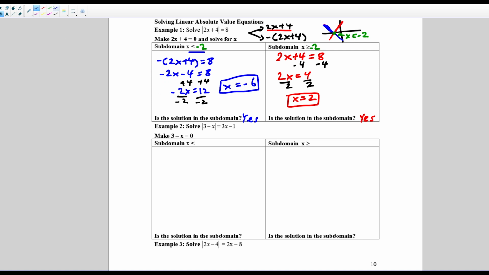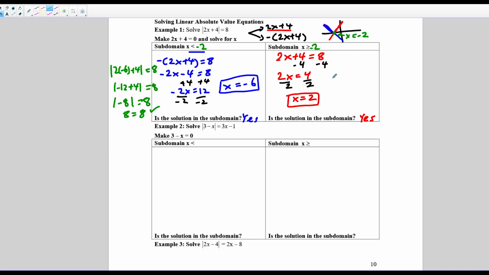So if you don't trust yourself using that subdomain, we're just going to put this number back into our equation here. So we get the absolute value of 2 times -6 plus 4 is equal to 8. We get the absolute value of -12 plus 4 is equal to 8. And we get the absolute value of -8 is equal to 8. So 8 is equal to 8. That is correct.